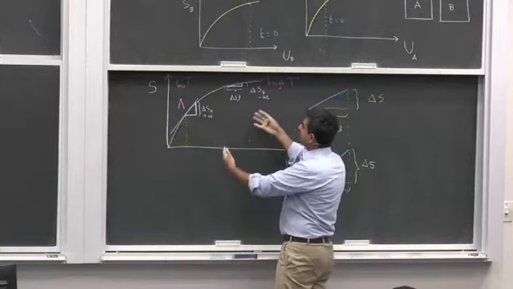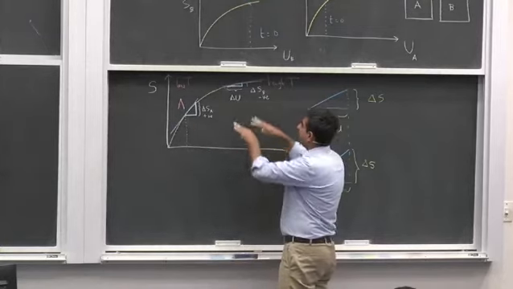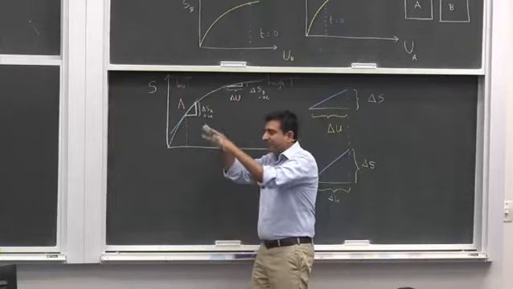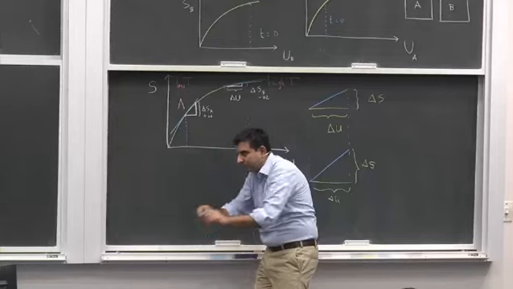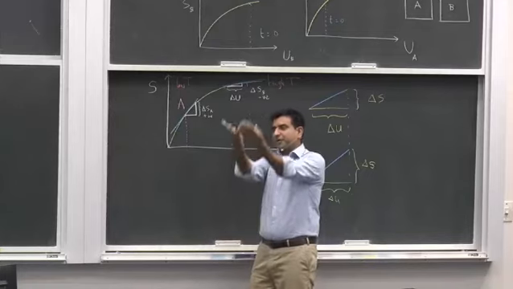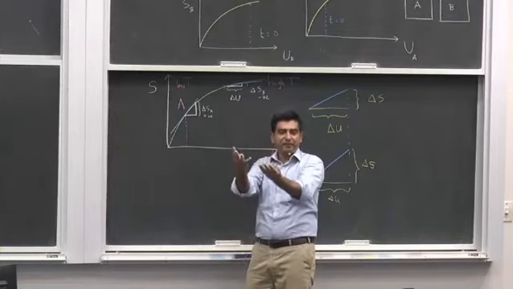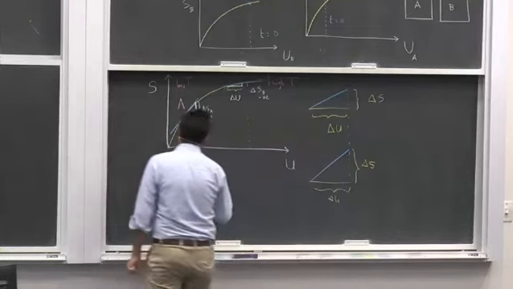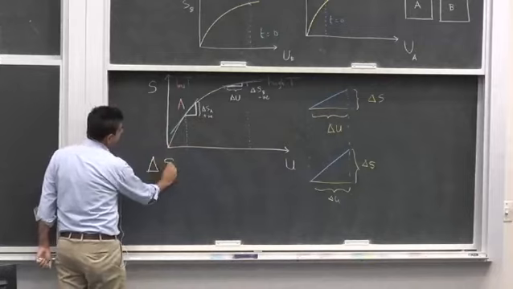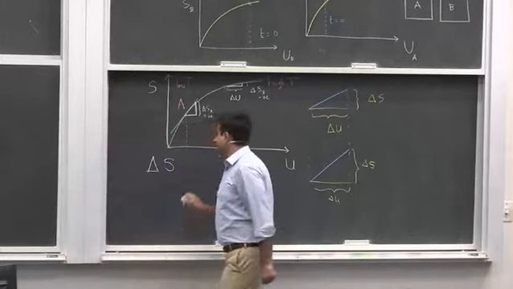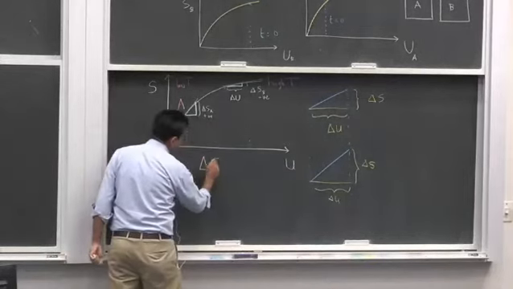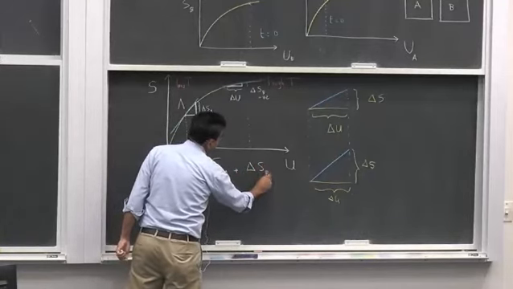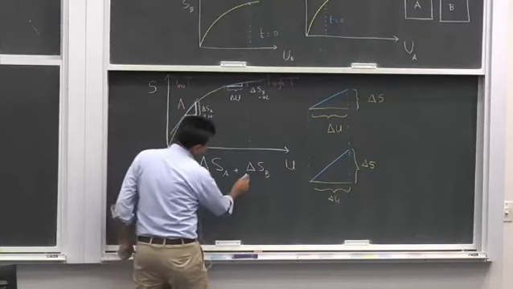So now energy is being transferred from B to A. The energy of B is going down, and the entropy of B is going down, and the entropy of A is going up, but the increase in entropy of A is greater than the decrease in entropy of B. So if I look at delta S, which is the total change in entropy of the system, this is delta S_A, the change in entropy of A, plus delta S_B, the change in entropy of B, but this object here is negative.